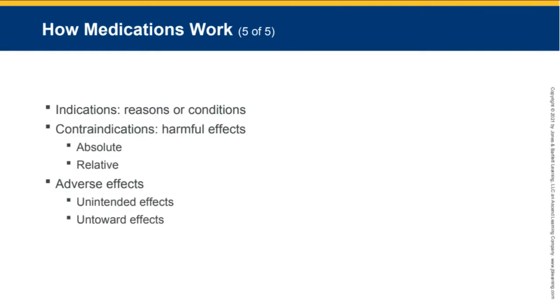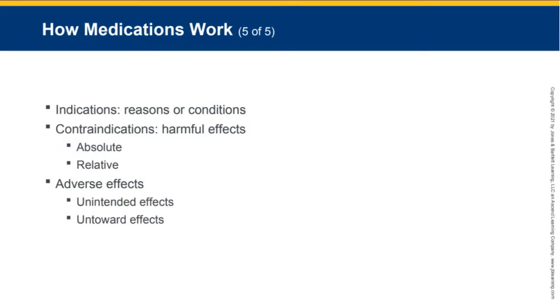These side effects are harmless and they will pass. So that would be an example of an unintended effect because it still causes bronchodilation to relieve the asthmatic attack, but it causes the fine tremors as well as the increase in heart rate.